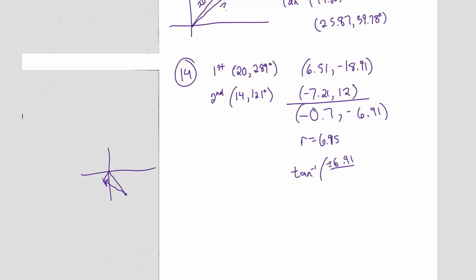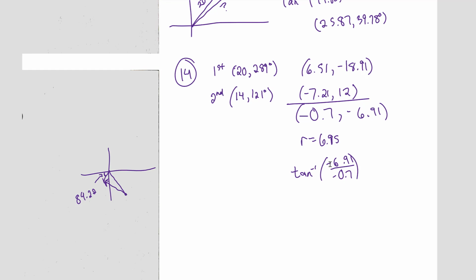When I do inverse tangent, the reason it messes up and doesn't give us the right answer is because it thinks that the inverse tangent of a negative over a negative is the exact same as the inverse tangent of a positive over a positive. And those are not the same thing because those are talking about angles in completely different quadrants. So if I inverse tangent and type these in, it's going to give me the reference angle, 84.22, the closest angle to the x-axis.